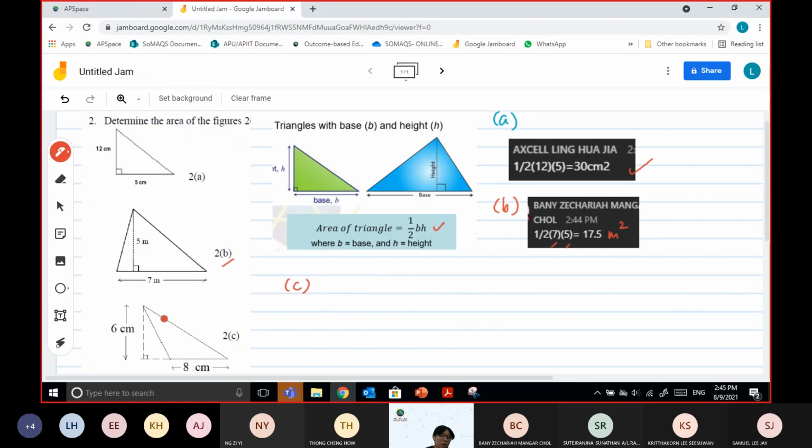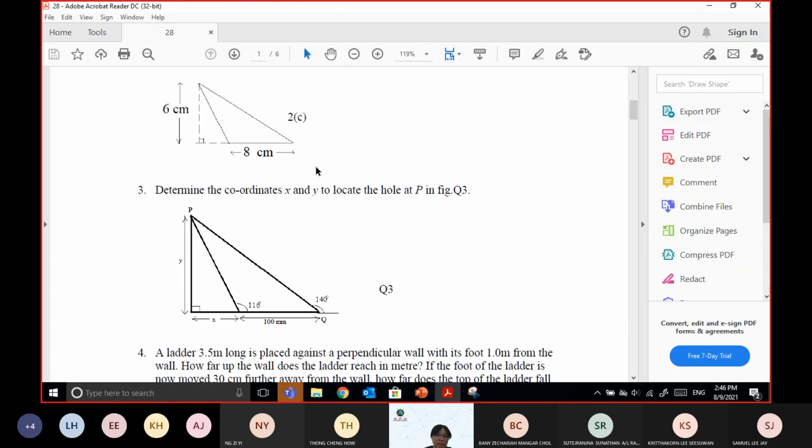That means half times B times H. We can still take half multiplied by 8, then multiply with the height, which is 6, and we get our answer as 24. As shared by students, 24. And this is in cm, so cm square. So this is question number 2. Clear? Okay, so number 2 is done.